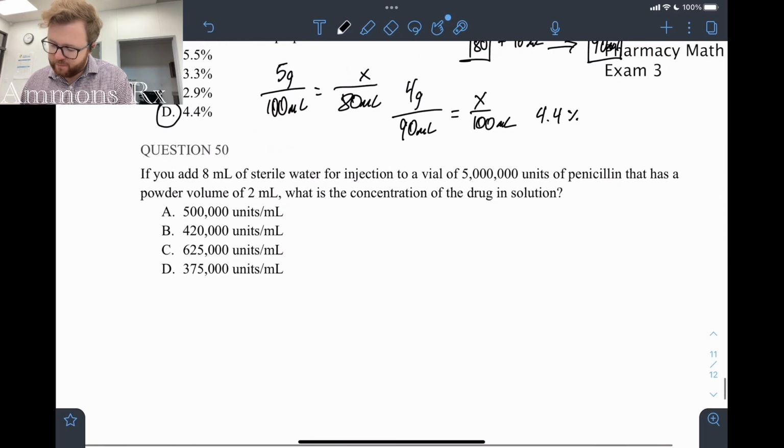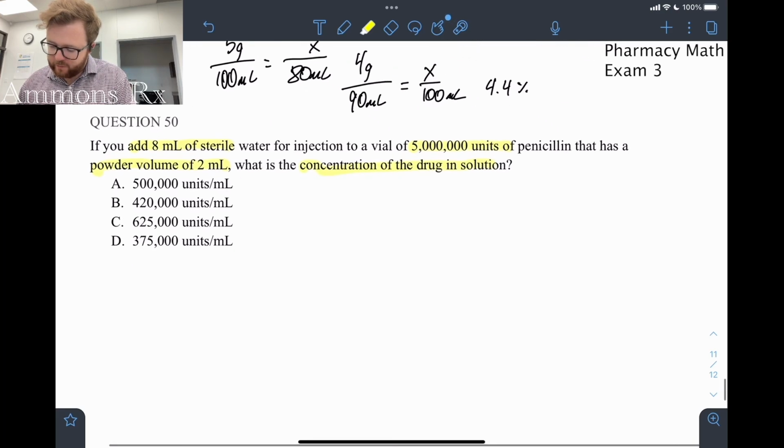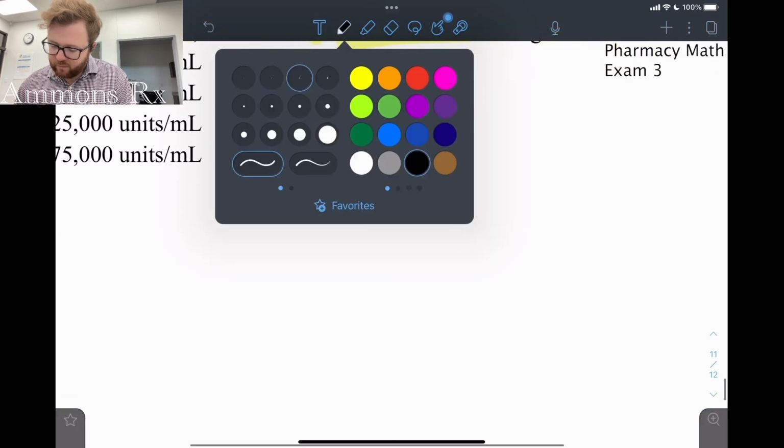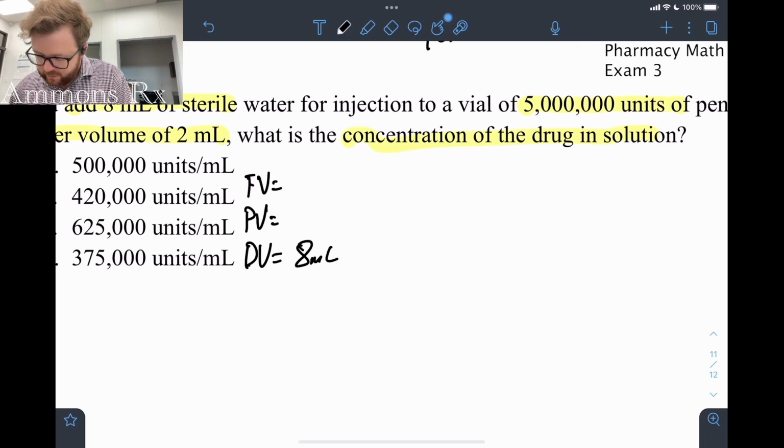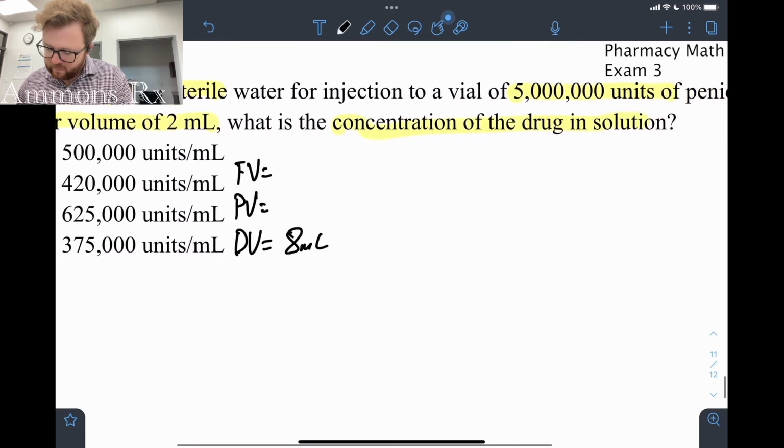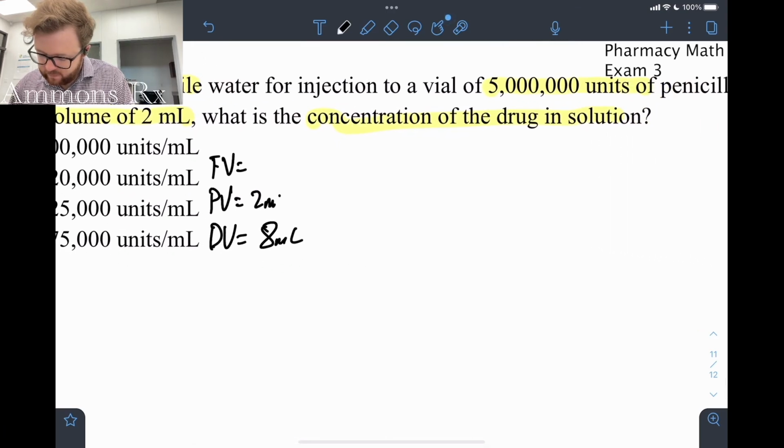All right, last one. You're adding 8 mils of sterile water to 5 million units of penicillin, powder volume of 2 mils. What is the concentration of drug in solution? We have FV, PV, and DV. 8 mils of water is our diluent, and the powder volume is 2 mils.